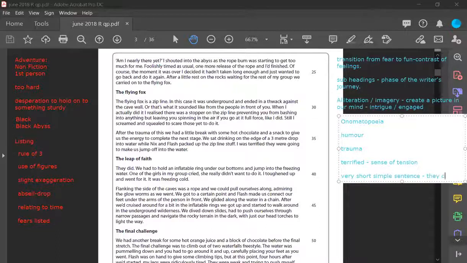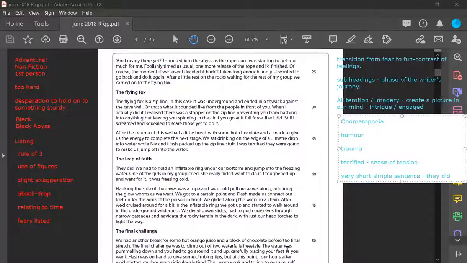They did, right? And just by using this, she shows how afraid she probably was, because just a line before, she said that I was terrified they were going to make us jump off into the water. And the very next line she writes, they did.